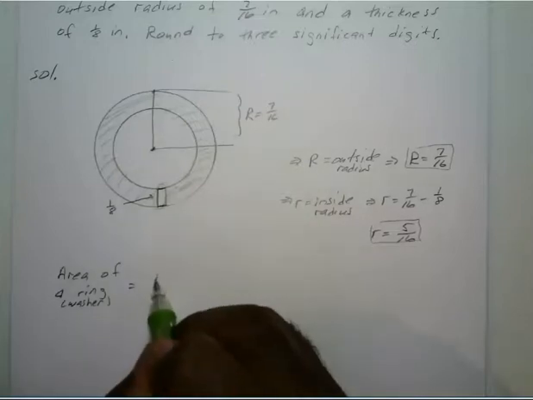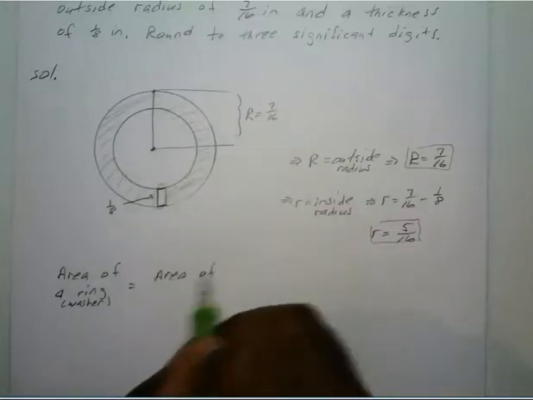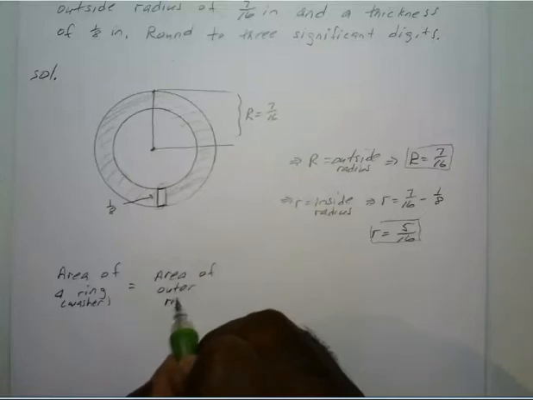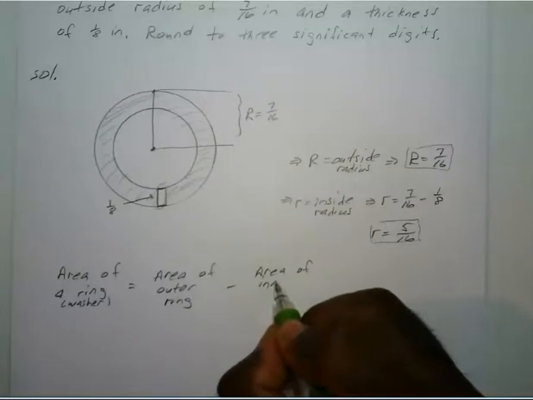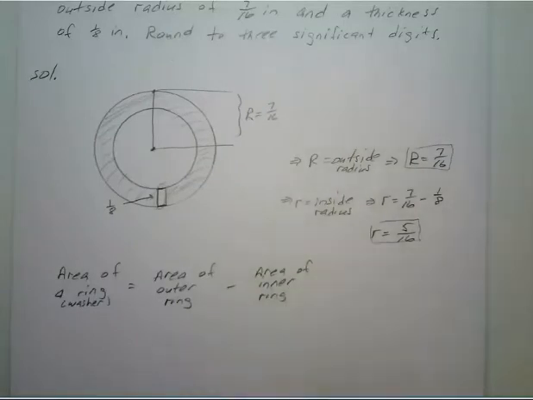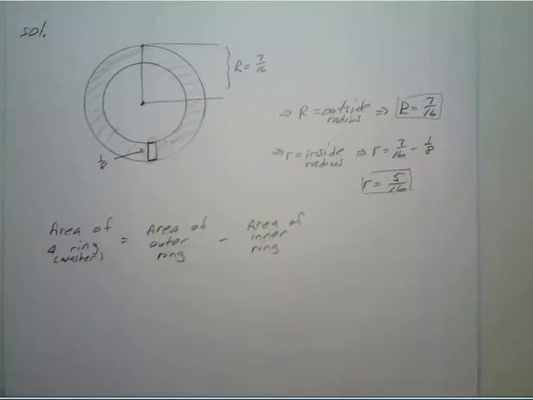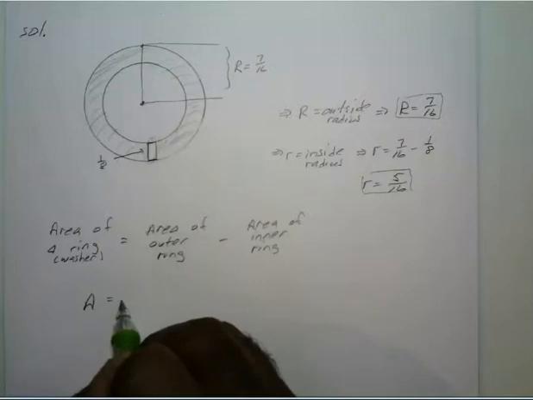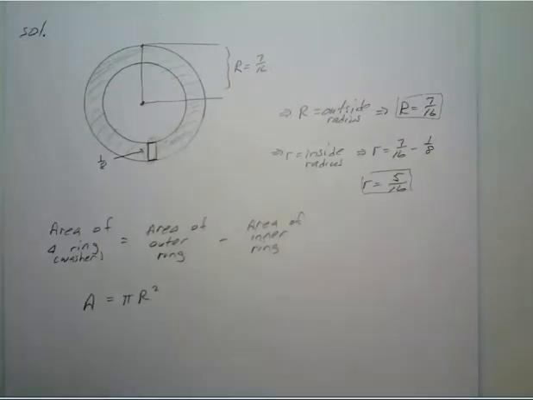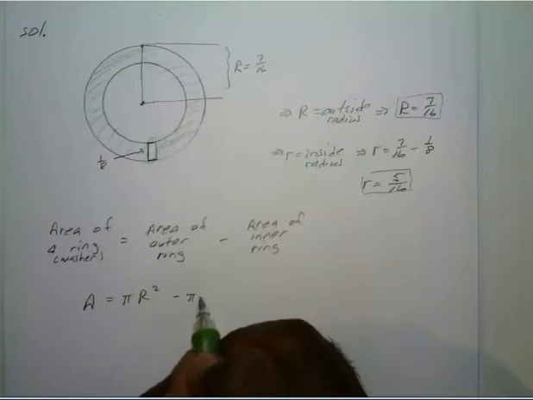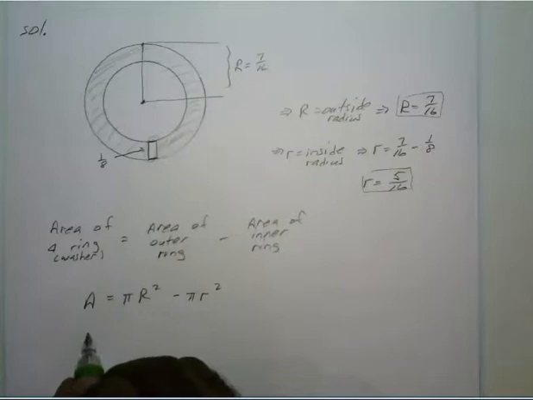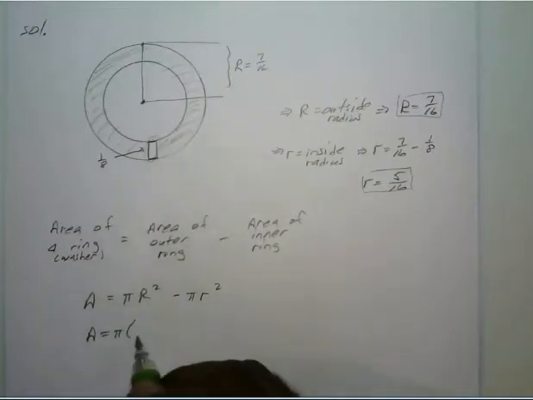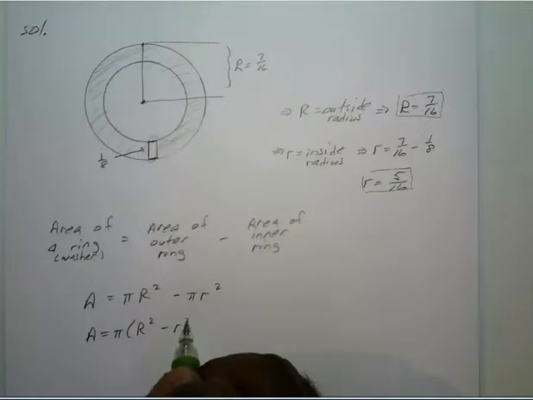It's going to equal the area of the outer ring minus the area of the inner ring. Bring this up a little bit. Okay, so remember that area is going to equal pi times the radius of the outer ring squared minus pi times the radius of the inner ring squared. Or we can just factor out the pi. So we have the area equals pi times the outer radius squared minus the inner radius squared.